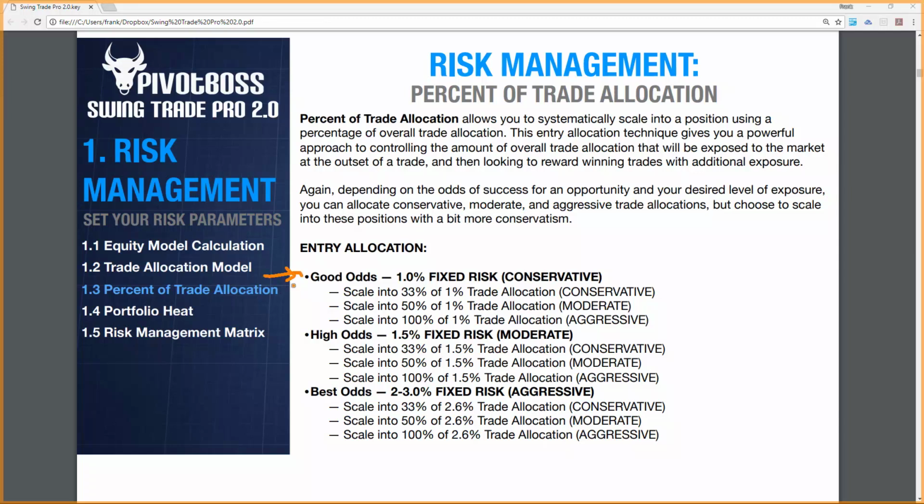Good odds trades, you may want to go 1% fixed risk, and then you can choose to scale in a third at a time, half at a time, or go all in at the initial entry. If you have a high odds trade, you may want to go moderate in terms of your approach, and you have the option to scale into a third, scale into half, or get into the entire trade allocation in one entry.